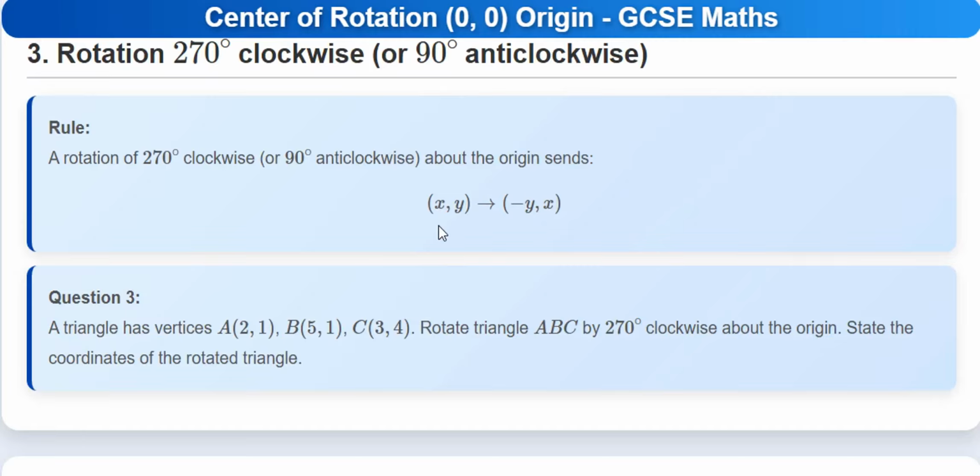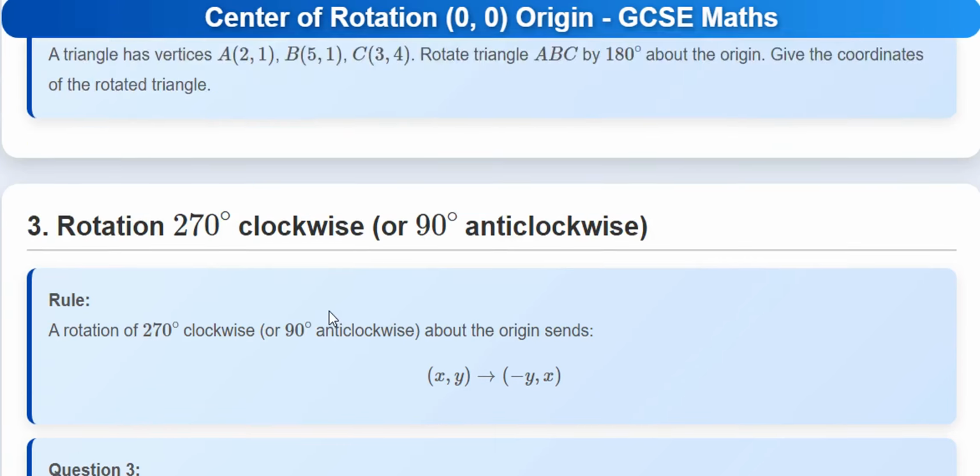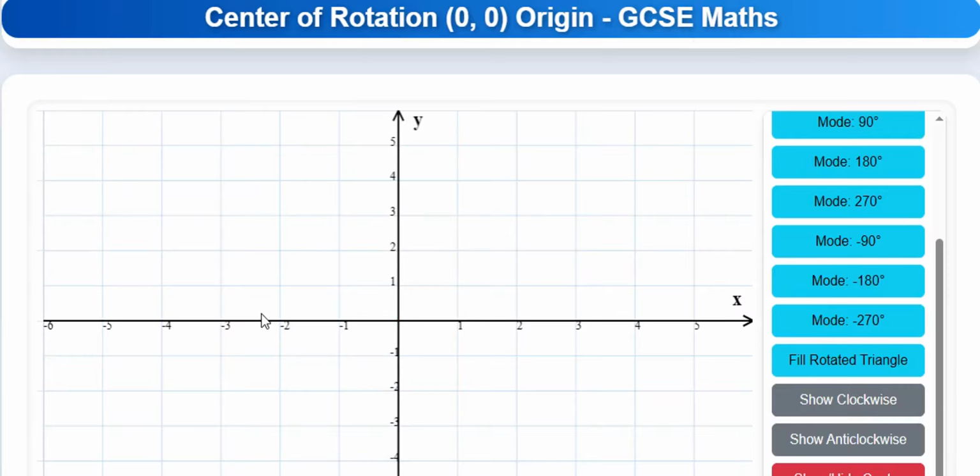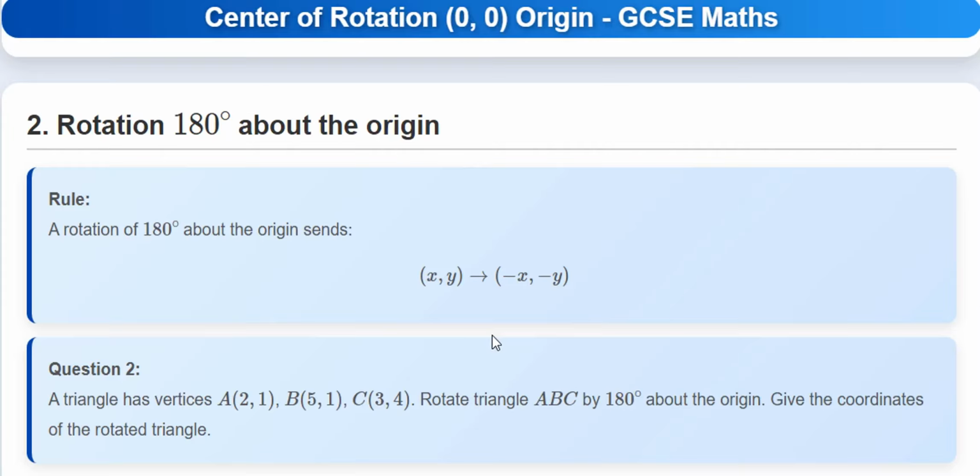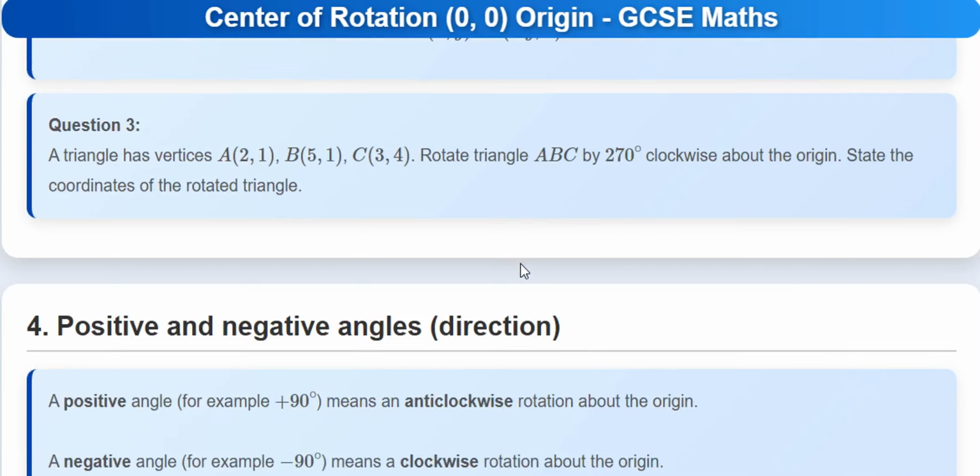So the coordinates of x now will be the coordinates of y, and the coordinates of y will be the coordinates of x. So you see now this y here occupies the coordinates of x, not y anymore. But the x scale in the second quadrant is negative, and that's why we are putting this negative here.